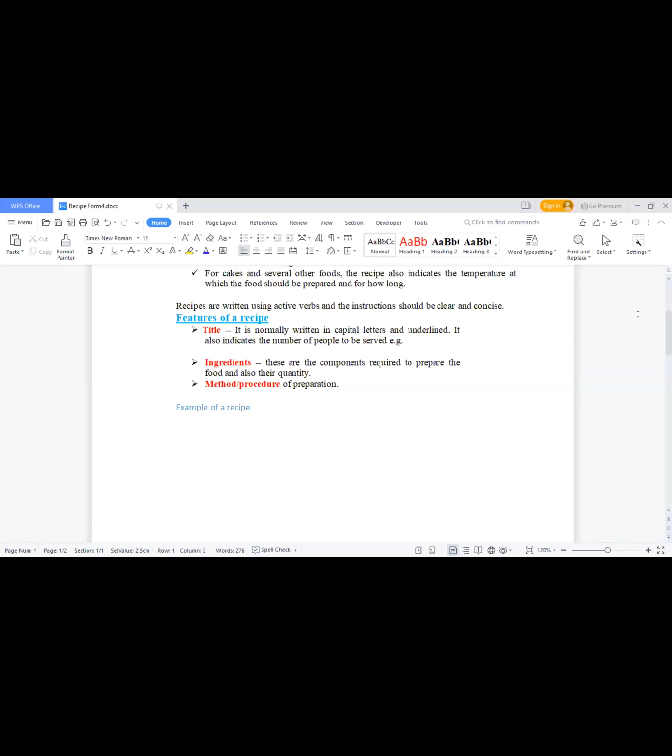Then after listing the ingredients, you go to the method or the procedure of preparation. The common terms to use in the method or procedure are bake, baste, blend, crush, pound, mix, stir, spread.